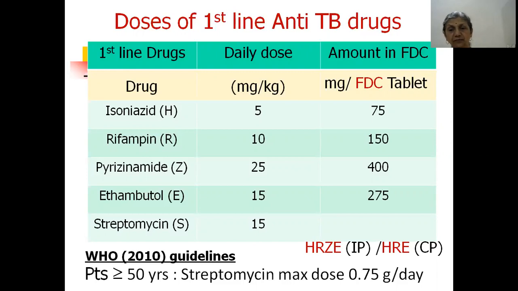In the continuation phase for a newly diagnosed patient today, we need to give only H, R, and E. So we do have fixed dose tablets for just H, R, and E, but the composition of these tablets, the amount of each drug would be same as has been elaborated in the table. And the dose for each patient could be easily deduced in terms of tablets per day.